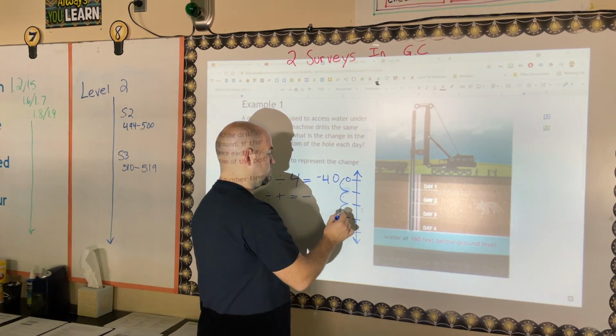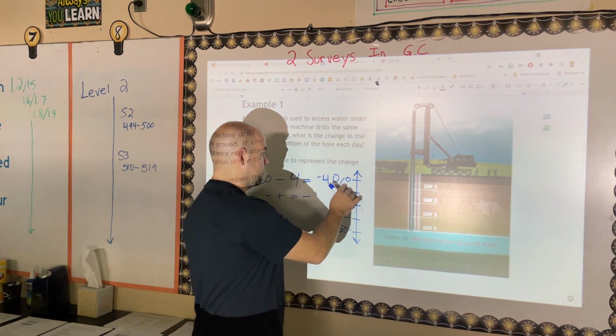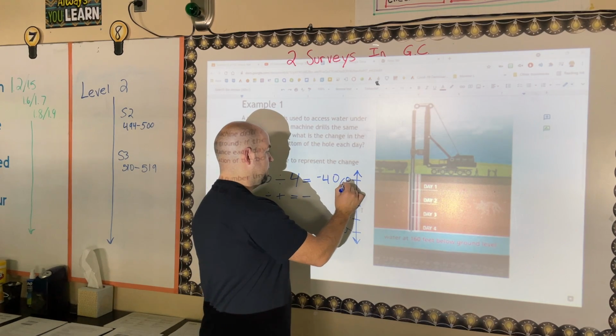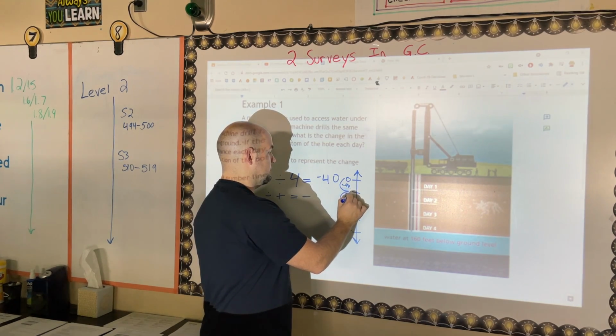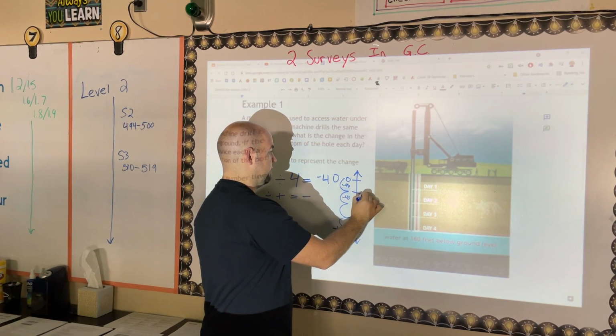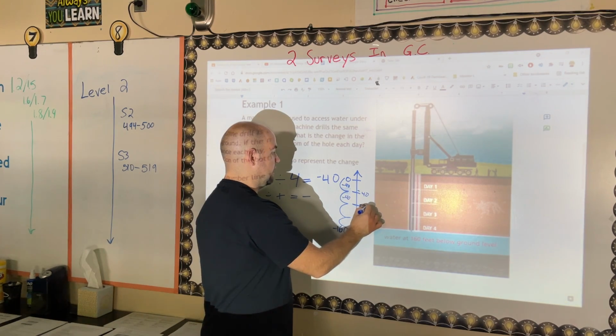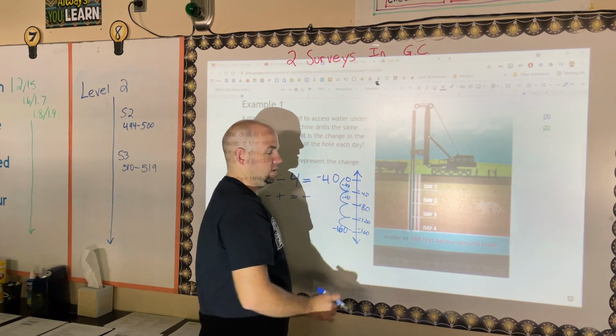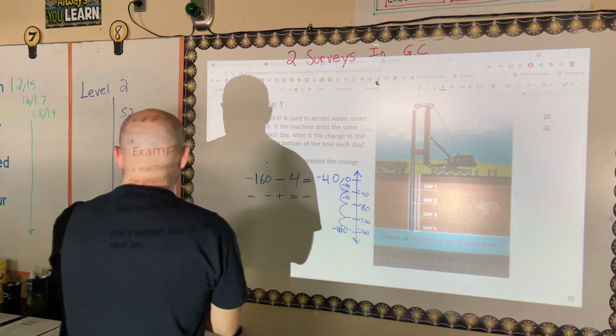Looking at it, you've got 1, 2, 3, 4 jumps. So each one of those is going to be down 40. So we have 0, negative 40, negative 80, negative 120, negative 160. Okay.